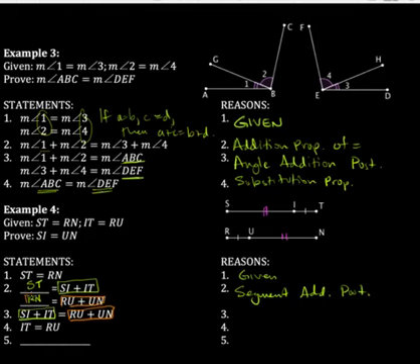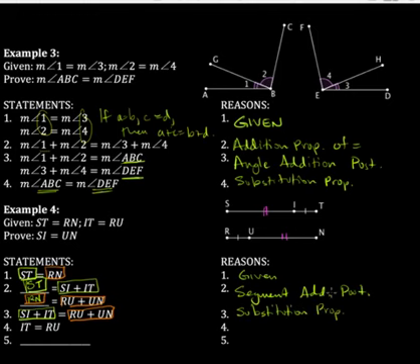So now if I color code RN with this RU plus UN and ST with this SI plus IT, where else do I see ST and RN? In statement 1, where it says that they are equal. All right? So what's happened here is I took statement 1 and I turned the ST into SI plus IT because those two things are equal. I took the RN and I turned it into RU plus UN because those two things are equal. So this is an example of the substitution property in action. The substitution property.